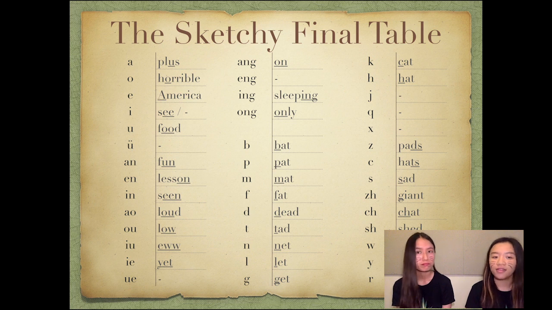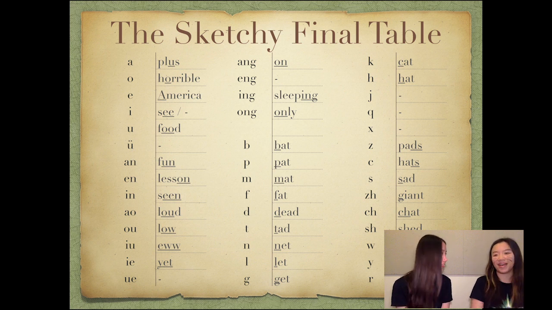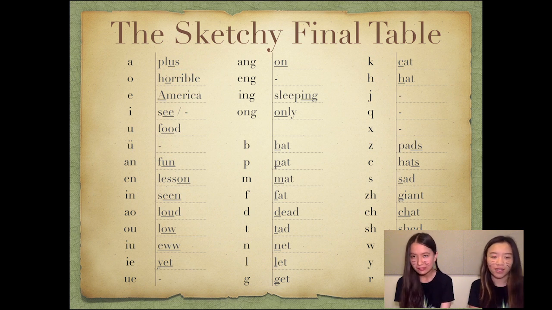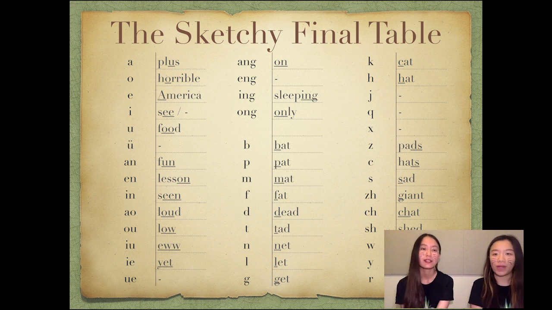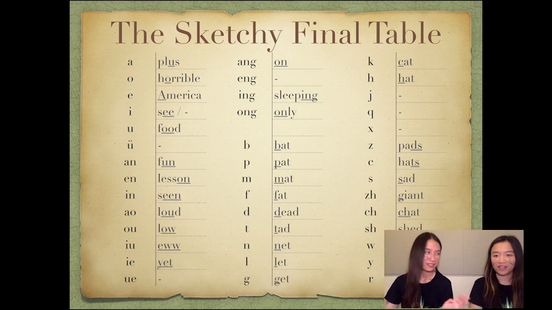And then we have fun, and then we have lesson, sing, out loud, low, ill like in ill, and yet like in yet. And we have the ü like in a name; in my name, it means happy.